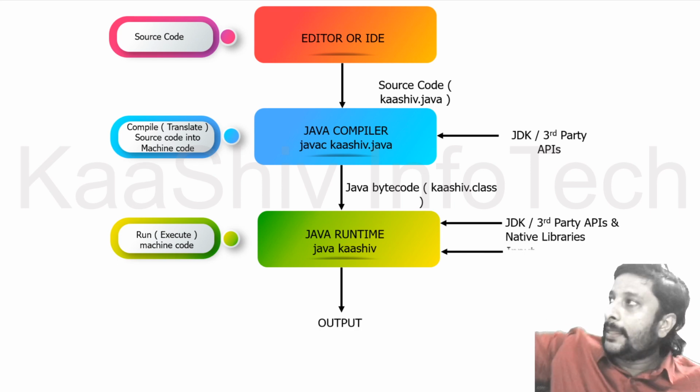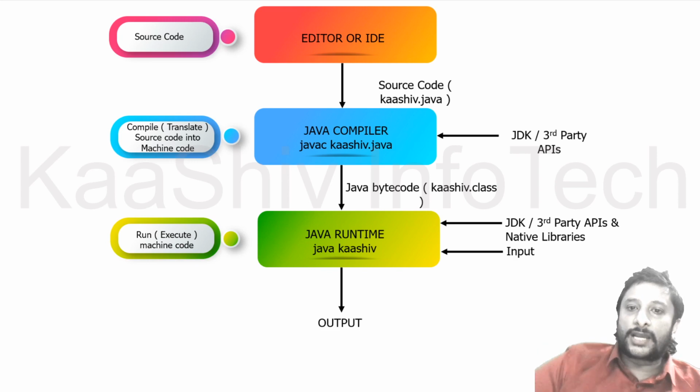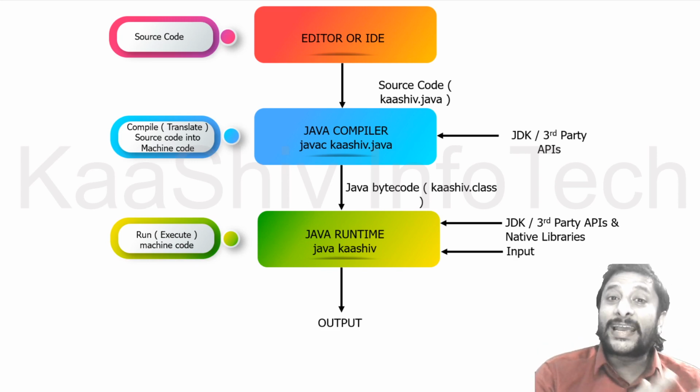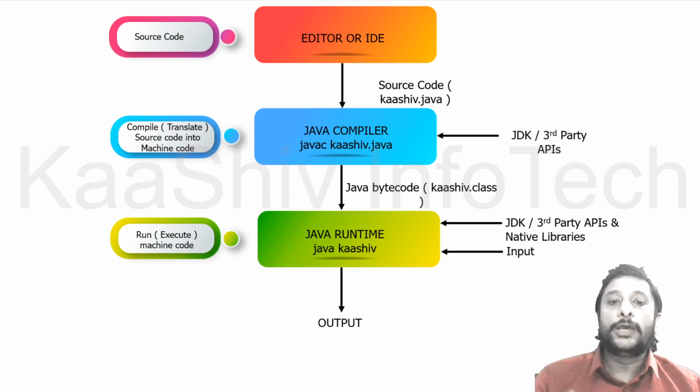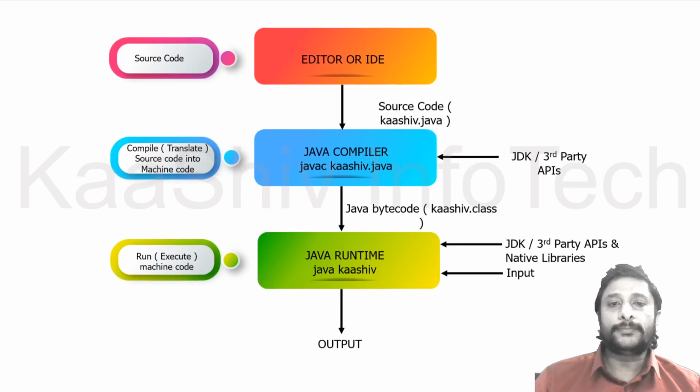Via the compiler, the written human-readable language is converted into bytecode. That bytecode is called a class file, a .class file. On the other end, it starts executing in the Java runtime environment using java and the class name. This is how it gets executed and you get the output.